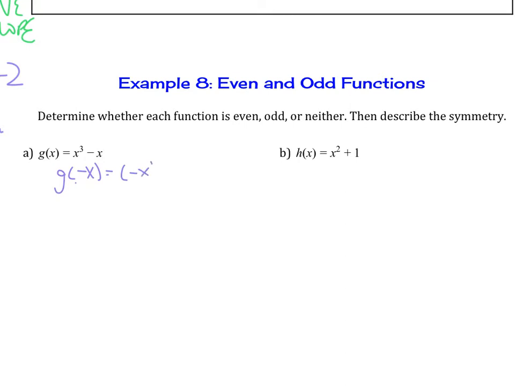So negative x cubed minus a negative x, we get negative x cubed plus x. In this case, we get negative g of x. Notice that it has completely opposite signs, so it's negative g of x. So this is odd. Therefore, it is symmetric over the origin.